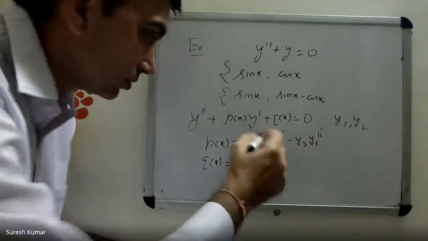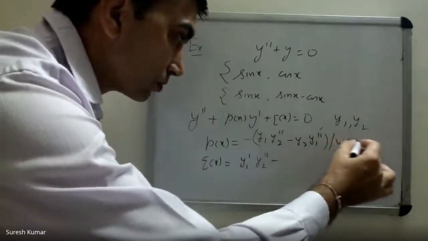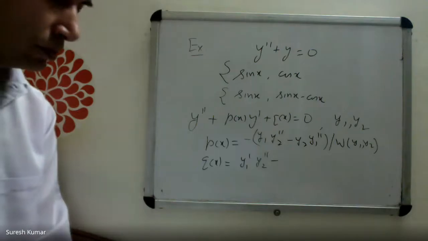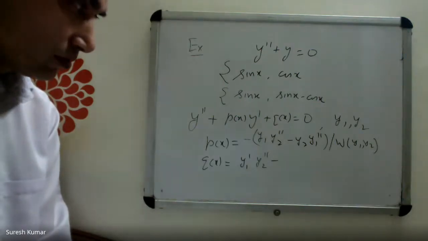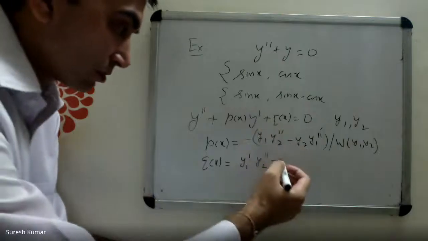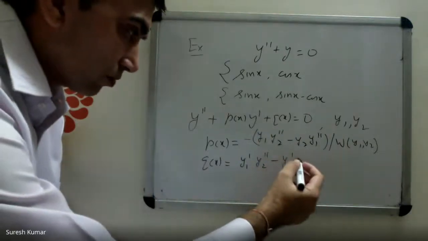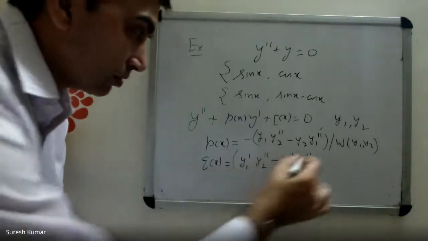I should divide it also by the Wronskian. So Px is minus y1 y2 double prime minus y2 y1 double prime divided by the Wronskian. Qx is y1 prime y2 double prime minus y2 prime y1 double prime divided by the Wronskian.